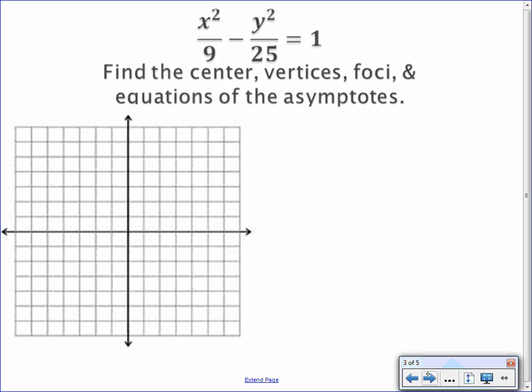First of all, how do we know it's a hyperbola? We have two squared terms, but there's subtraction between them. What kind of hyperbola do we have? We have a horizontal one. We know that because the x squared is the positive term.